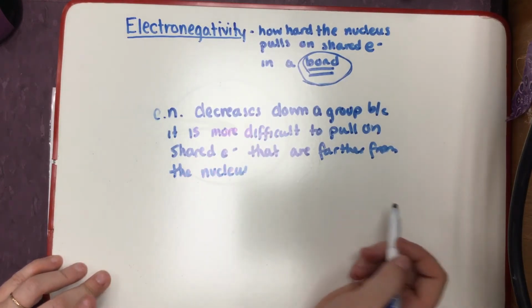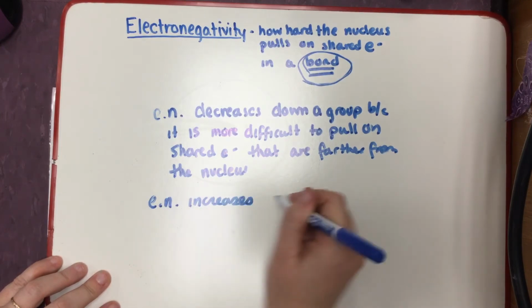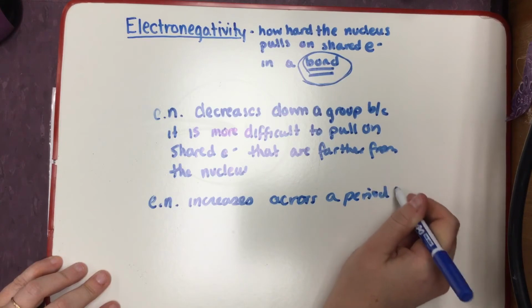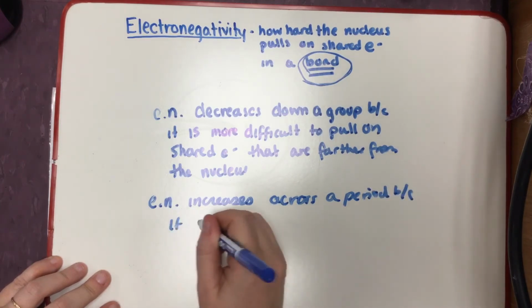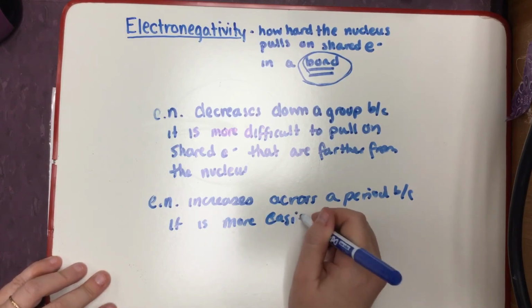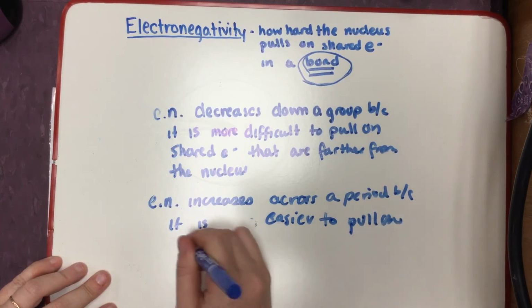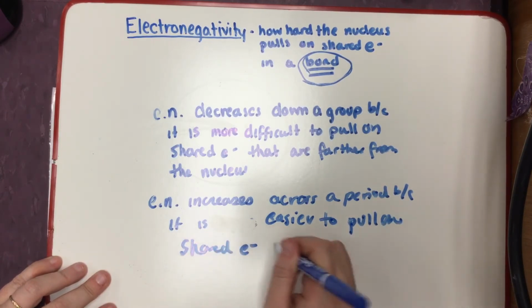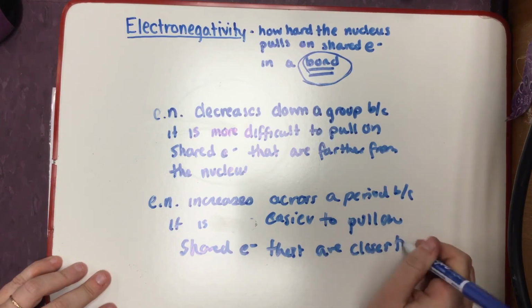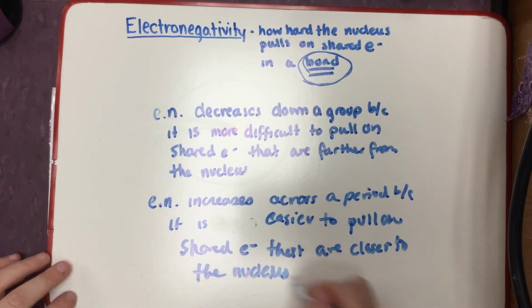And then we'll say the exact opposite. It increases across a period because it is easier to pull on shared electrons that are closer to the nucleus.